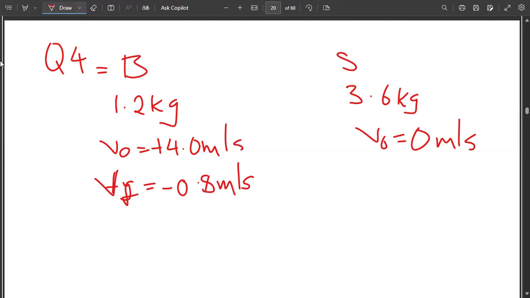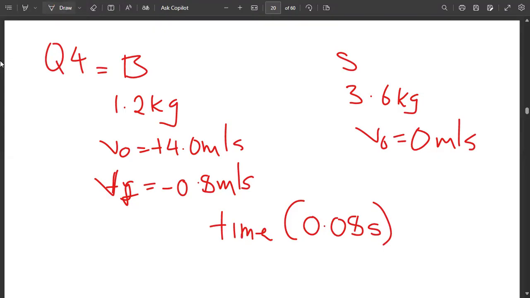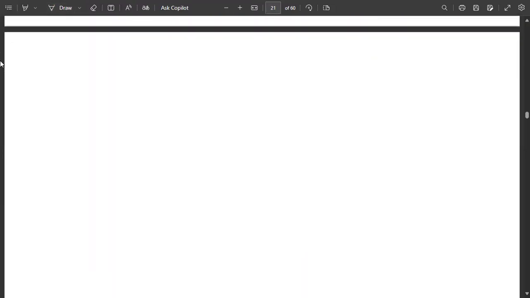The only other thing we know is the time in which these two objects were in contact, which is 0.08 seconds.